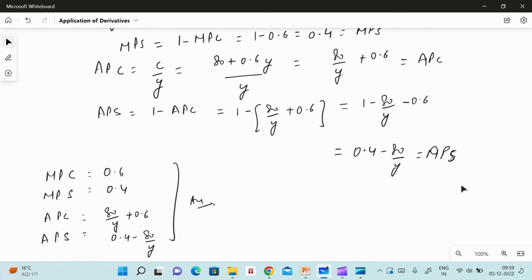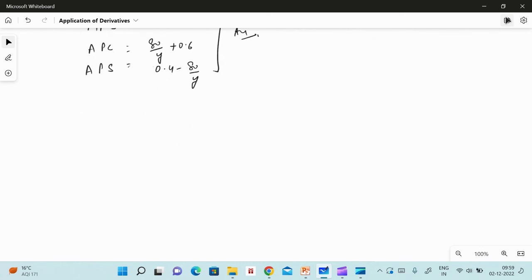Okay, I will take one more example to clarify the concept. Suppose it is given that C is equal to 14 plus 0.8Y minus 0.5Y power 1 by 2, right? And we have to calculate all these four values. So first of all, we will calculate marginal propensity to consume.